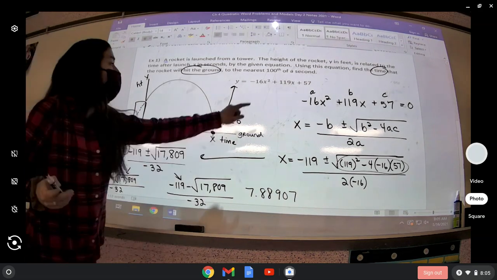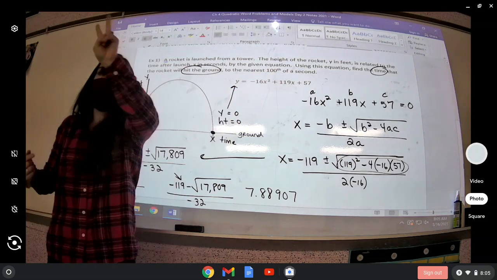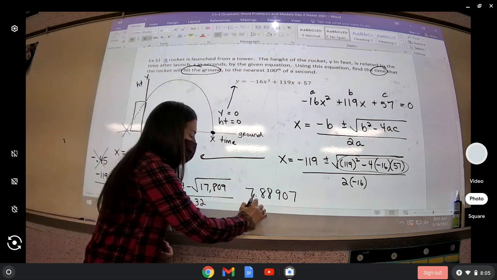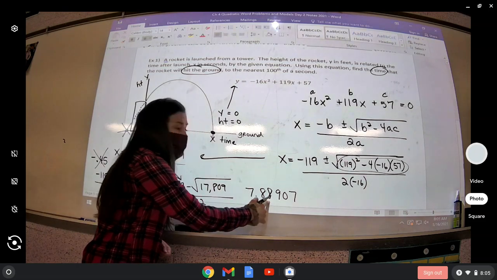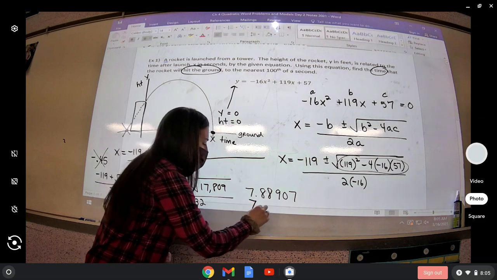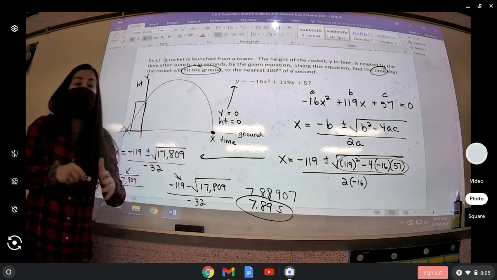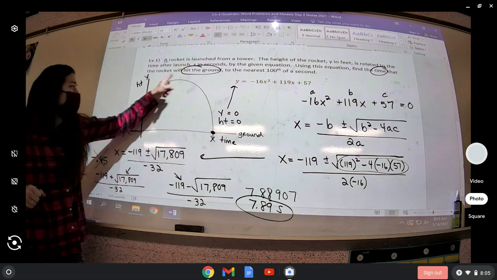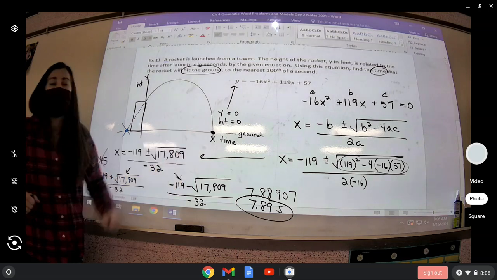They have asked you to round your answer to the nearest hundredth. Hundredth has 2 zeros. That's 2 decimal places you keep. So 7.88, but since the 8 is followed by a 9, round that up to a 9. So 7.89 seconds. So it'll take this rocket from start to finish 7.89 seconds to land on the ground.